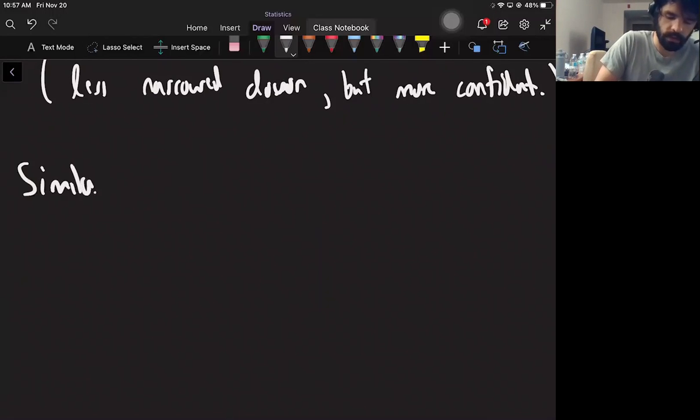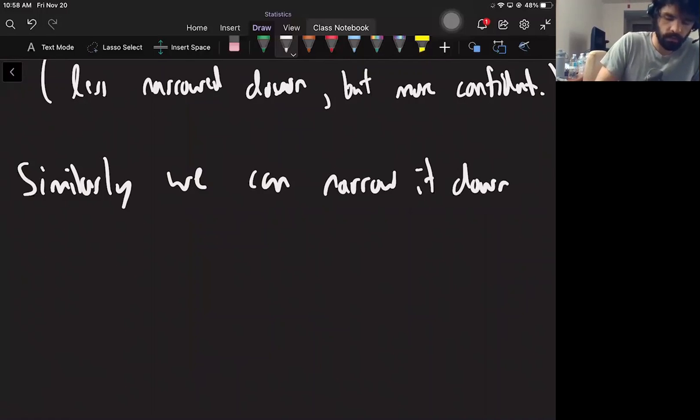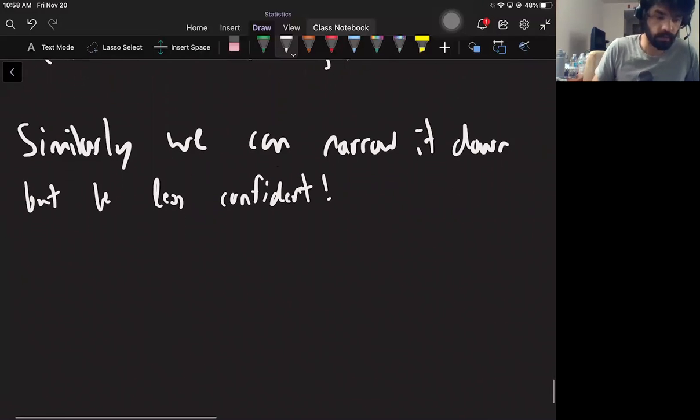So you can go the other way. So similarly, you can narrow it down, but be less confident in our estimate, in our interval. So the other often used number is 0.9.